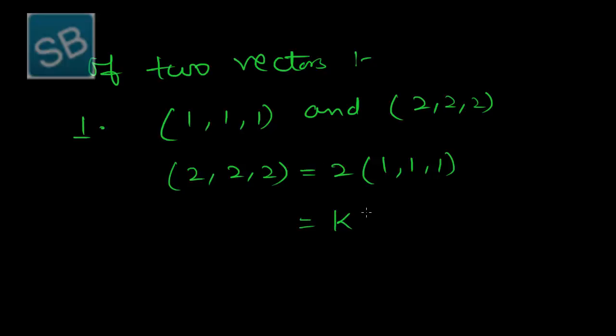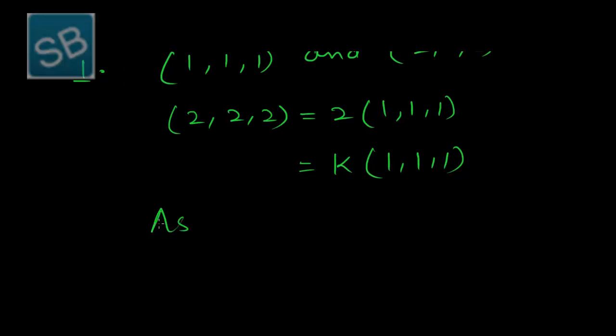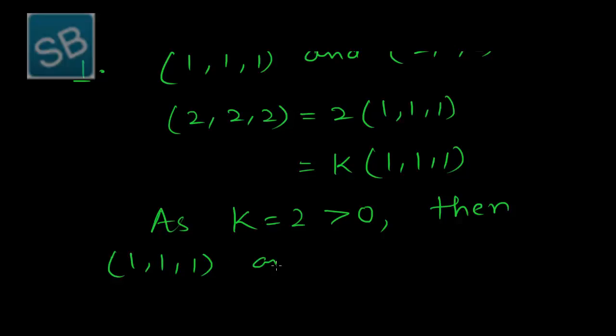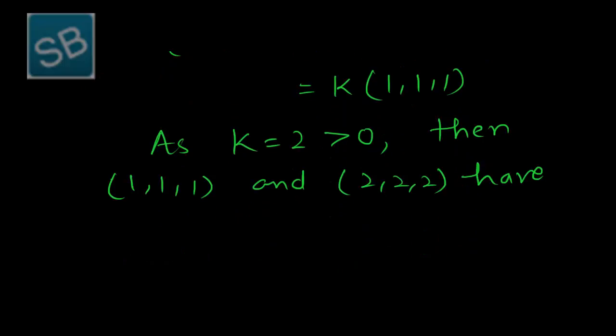So it is k times vector x, and as k is greater than 0, by condition 1, vector 1, 1, 1 and the vector with components 2, 2, 2 have the same direction.